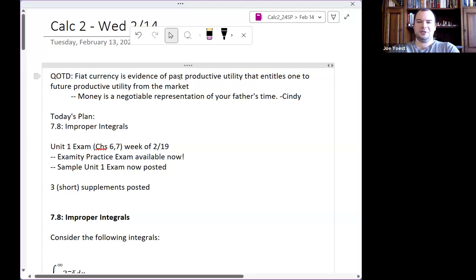Well, really what that represents is evidence of past productive utility that we've provided to the market that entitles us to productive utility from the market in the future. So this idea of exchanging value for value was a previous quote of the day. This ties into that. I think a lot of times we focus on this last half, right? If you say, what's money? Well, it's something that gets me stuff, or gets me services.